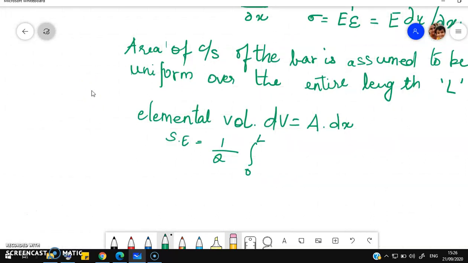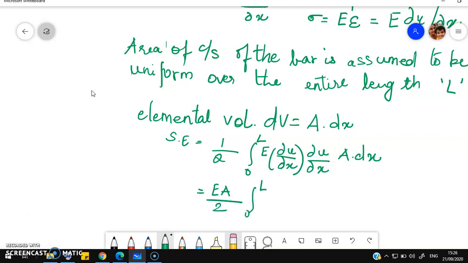So the integral will go from 0 to L. Let us substitute: sigma is E into dou u by dou x, epsilon is again dou u by dou x, and dV is now given by A into dx. So removing the constant terms out of the integral sign, EA divided by 2, integral from 0 to L, what remains inside is dou u by dou x the whole square dx.